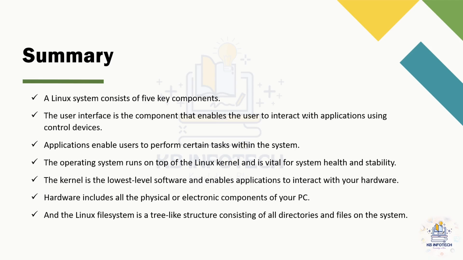The kernel is the lowest level software and enables applications to interact with your hardware. Hardware includes all the physical or electronic components of your PC. And the Linux file system is a tree-like structure consisting of all directories and files on the Linux system.